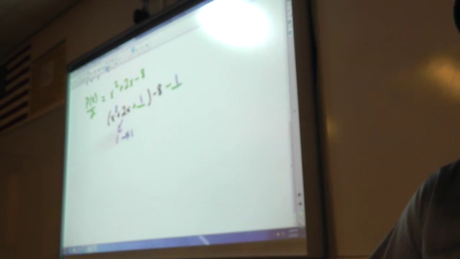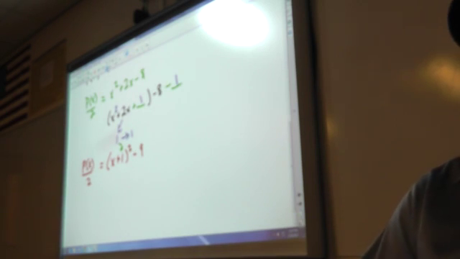Yeah, that's kind of important, right? So this becomes x plus 1, here's the magic. You see it? Right there. Squared minus 9 is equal to P of x over 2. Now what is P of x equal to? How do I solve for P of x? Multiply everything by 2, right?